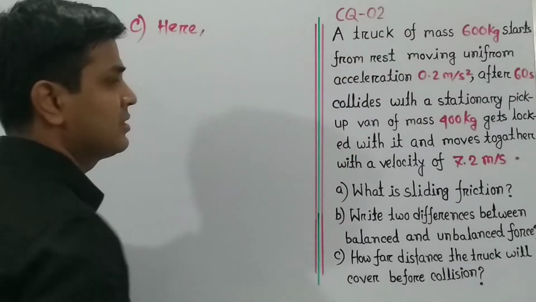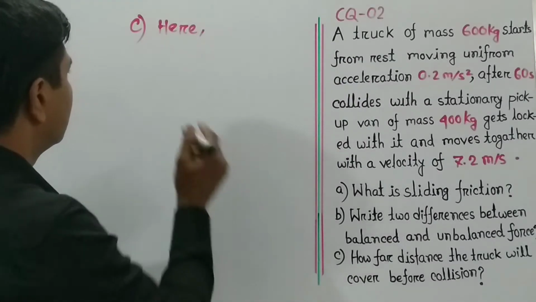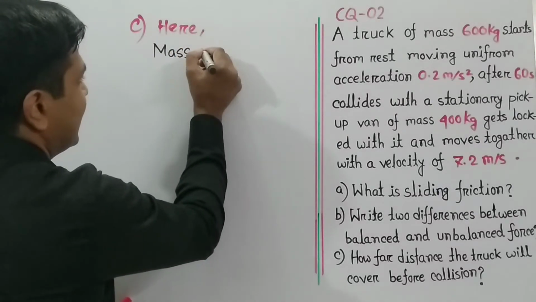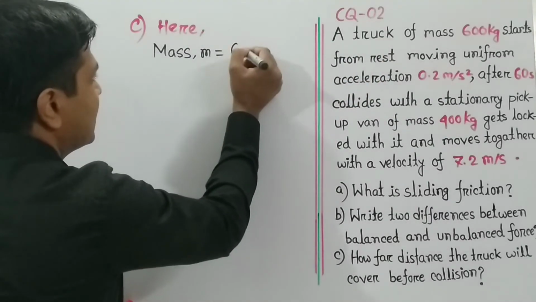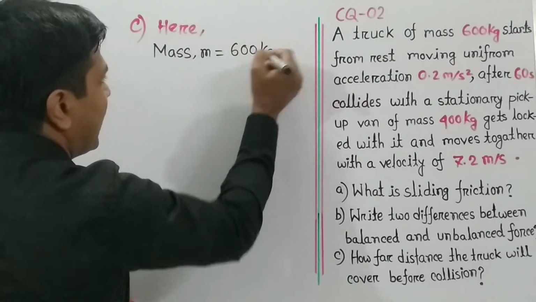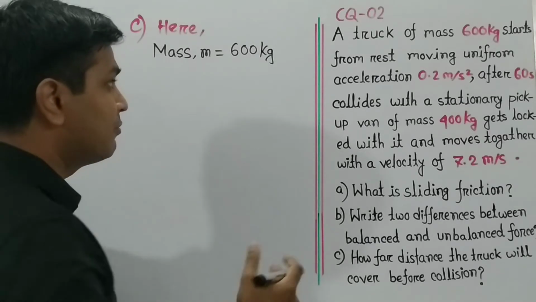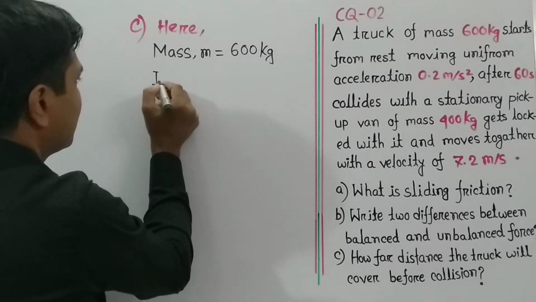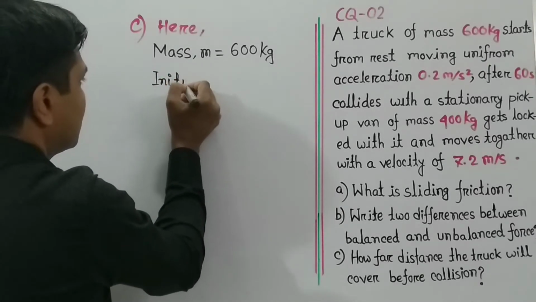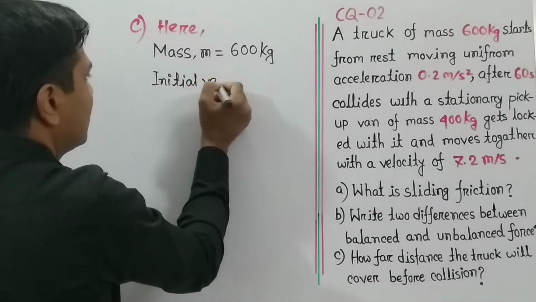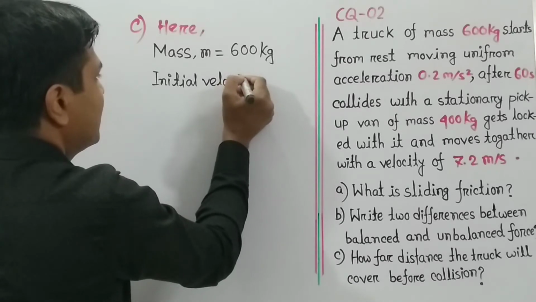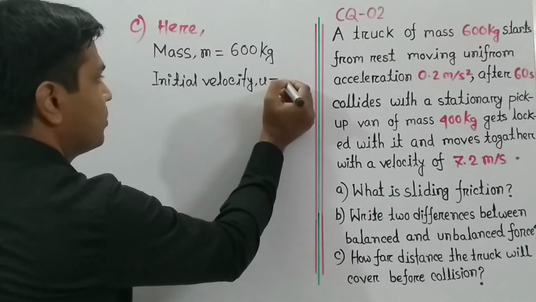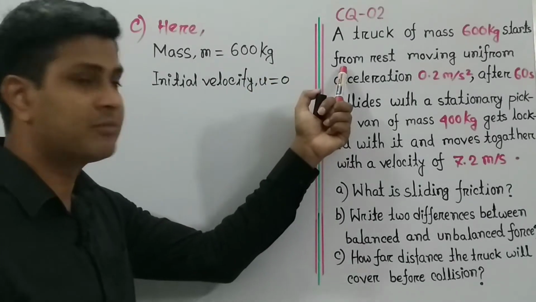Mass of the truck is given here, 600 kg, and it starts to move from rest. So we can write here initial velocity, which is denoted by u, and that is 0 because the truck starts from rest.